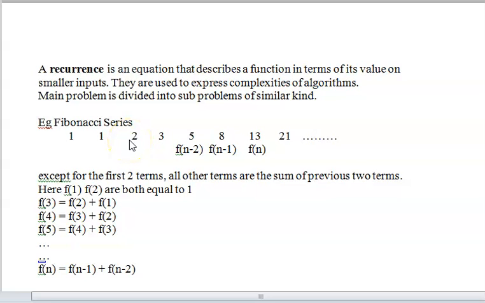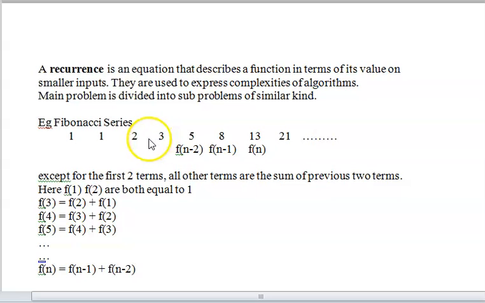This rule is not applicable for the first two terms. For all the remaining terms, it is obtained by adding its previous two terms. For example, 5 is the sum of 3 and 2. 8 is the sum of 5 and 3.